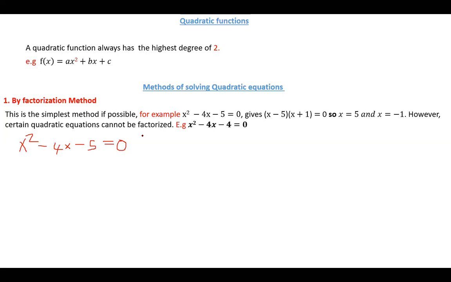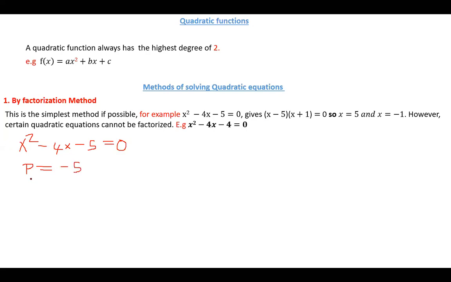So you first find the factors. Before we find the factors, we first find the product and the sum. This is grade 12 work. The product is 1 times negative 5: you multiply the coefficient of x squared and the constant, and you get negative 5.